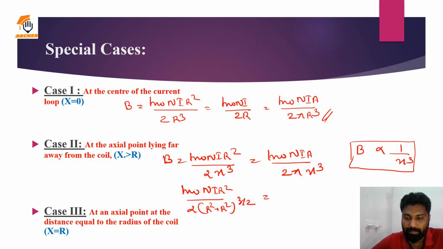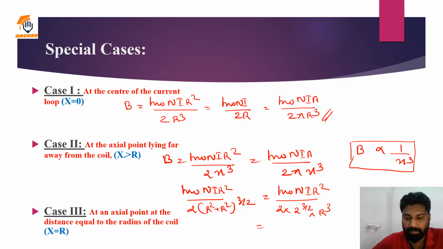So this will become mu 0 n I r square divided by 2 into 2 r square raised to 3 by 2, so 2 raised to 3 by 2 into r cube will come.